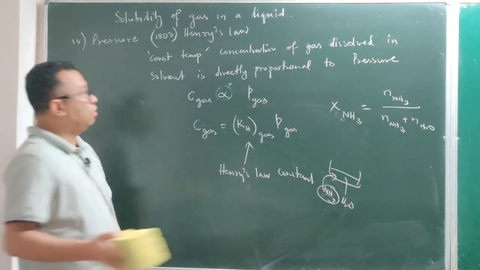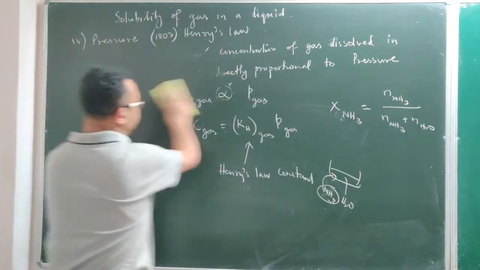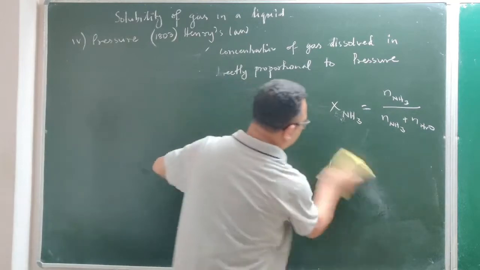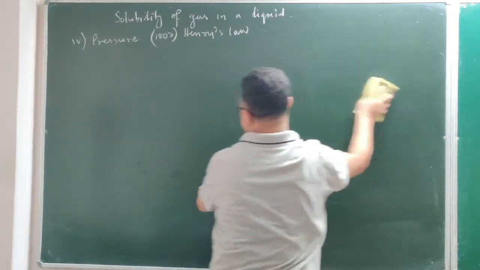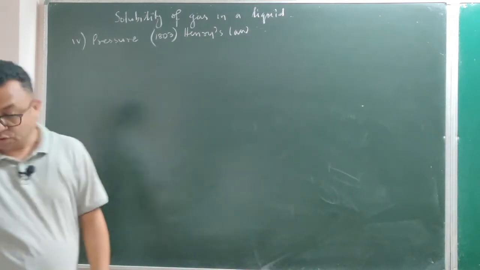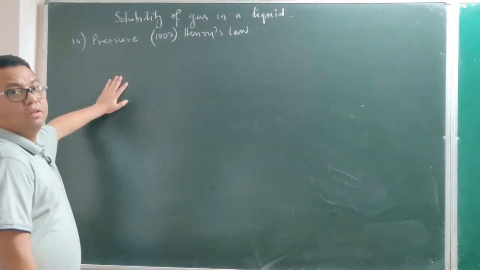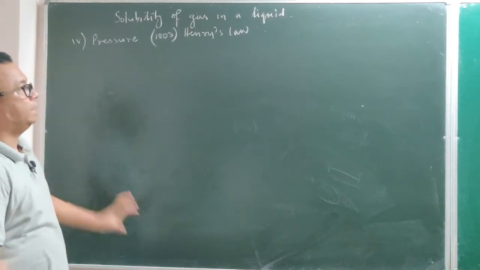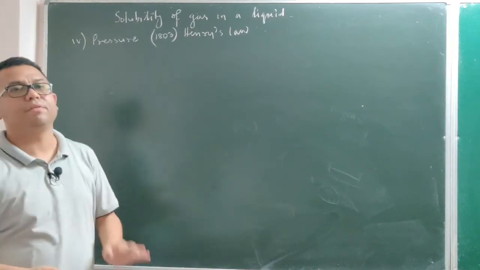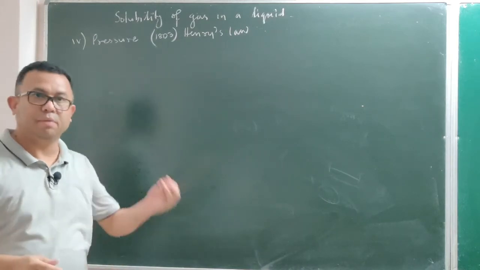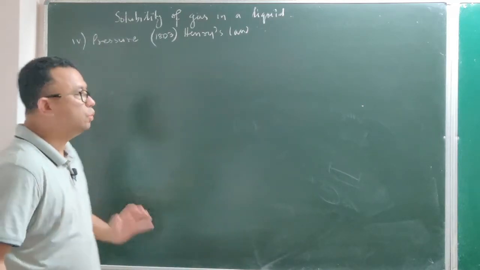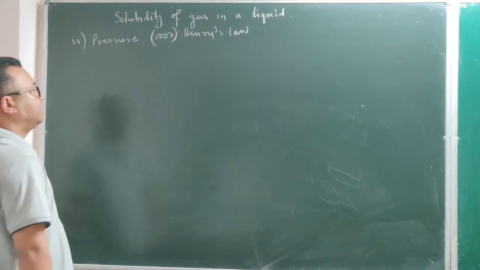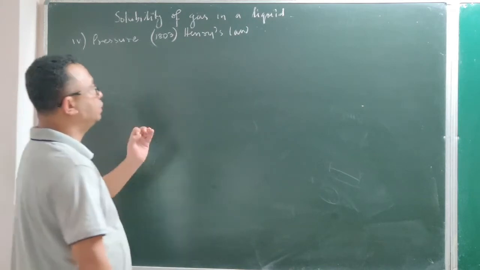So now I am going on to that part of the definition of Henry's law where mole fraction is mentioned. Let's see what that is. It states that the partial pressure of a gas in the vapor phase is directly proportional to the mole fraction of the gas in the solution.